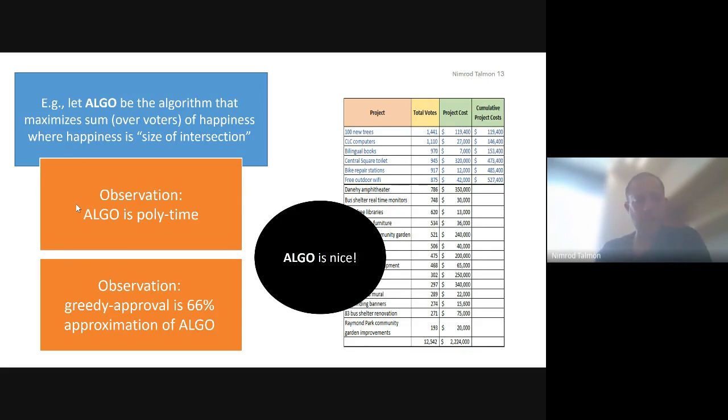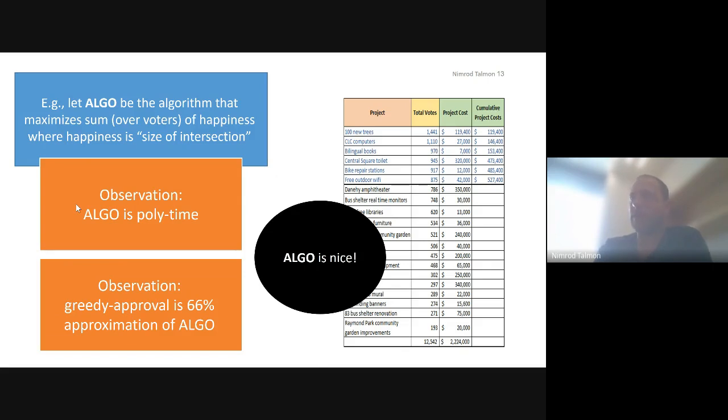So this is the example that I showed before. And it's fairly easy to see that in the minimum, it gives something like a 66% approximation for really optimizing this satisfaction.